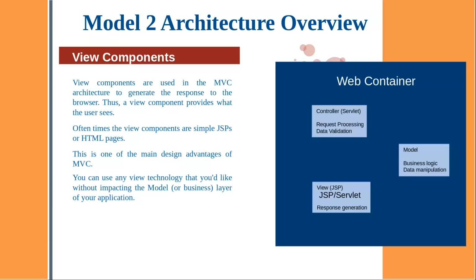You can use any view technology that you'd like without impacting the model or business layer of your application. Okay, so we can use any view technology with the model or the business layer. And the view technology is where we get the response back, and the JSP pages or the HTML pages are seen in the browser of the user.